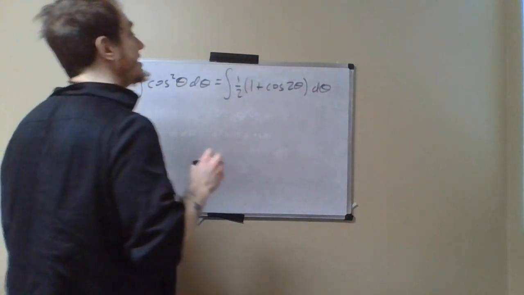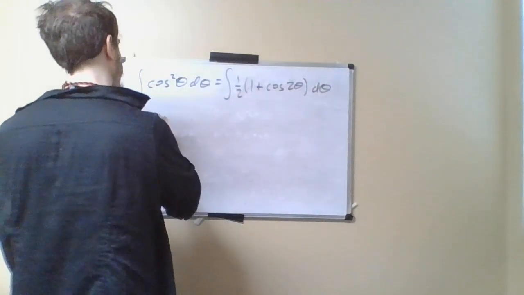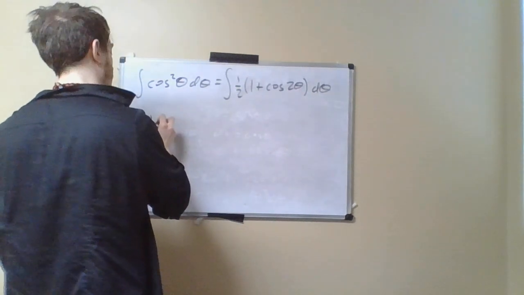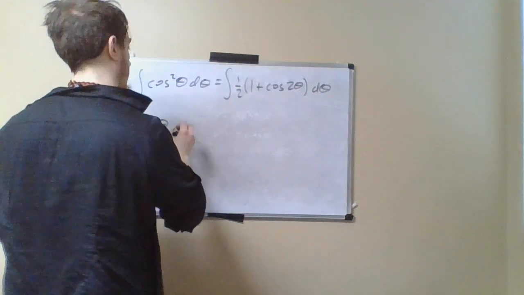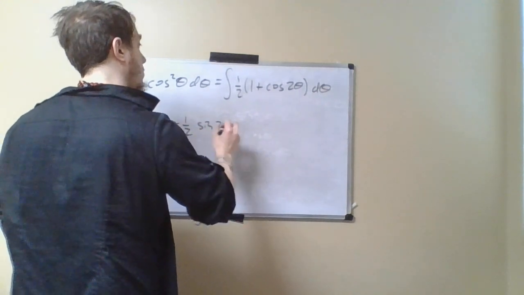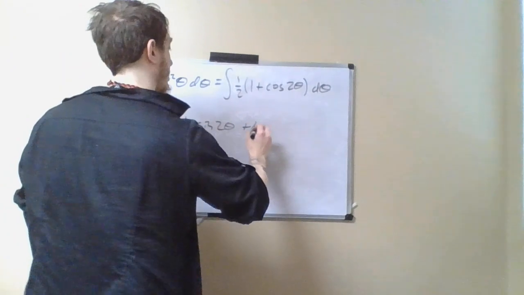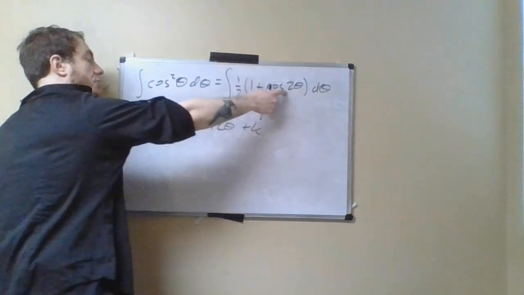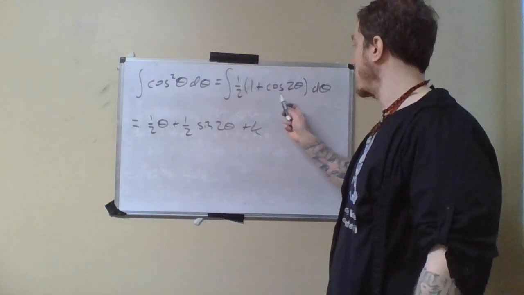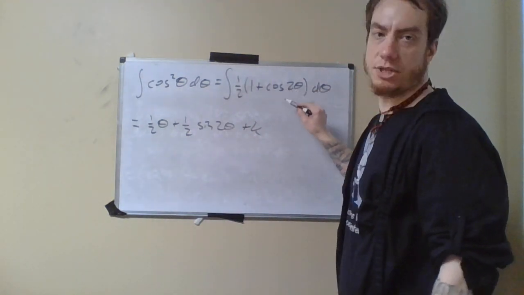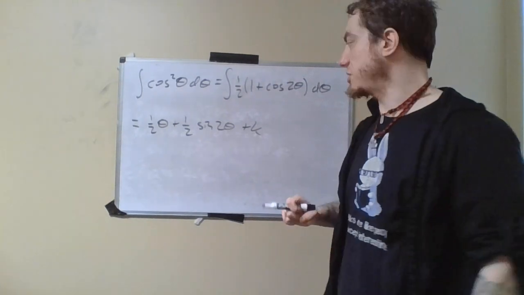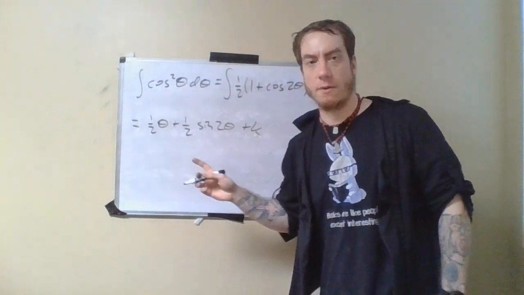Now, this is something that I can integrate, because this is going to be 1/2 theta plus 1/2 sine of 2 theta plus a constant, because I can integrate each of these terms separately. And to do this second one, just use a u substitution, u equals 2 theta. It's a very short u substitution there, and it gives you this answer.